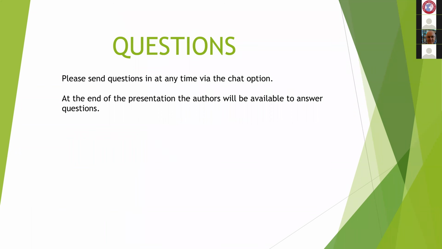As Gosia said, please raise questions anytime. Somebody will be marshalling those questions, and at the end of the presentation, we have allowed a period of time to discuss them.